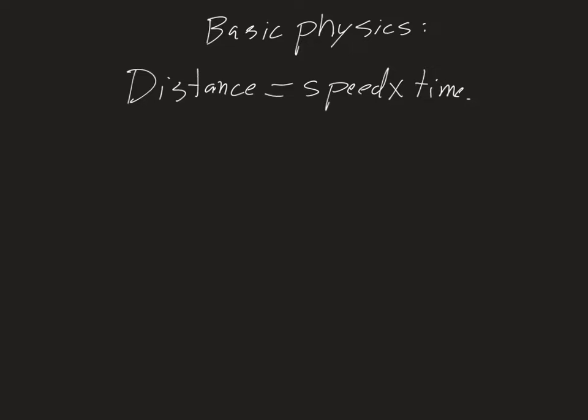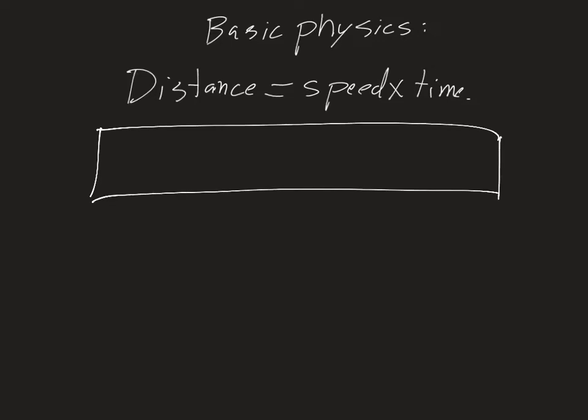So let's say that we have a car that is traveling, and as it is traveling, we are measuring the velocity of this car, the velocity that is displayed on the dashboard, at various different times. So here we're going to have time in seconds, and here we're going to have speed.